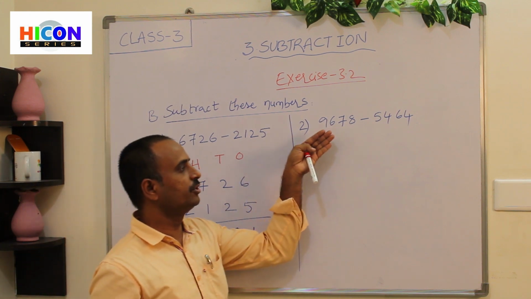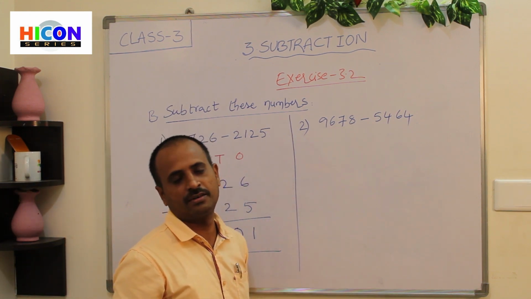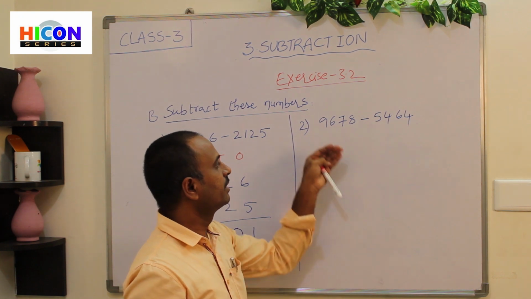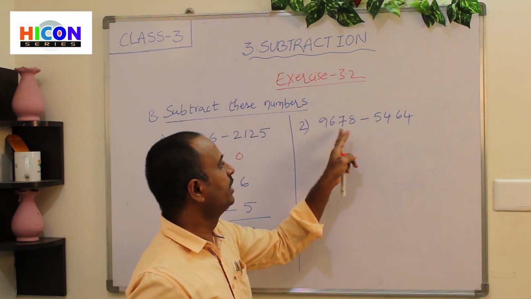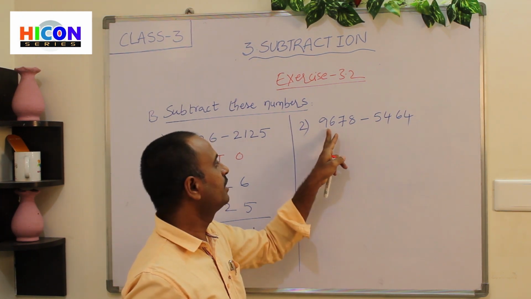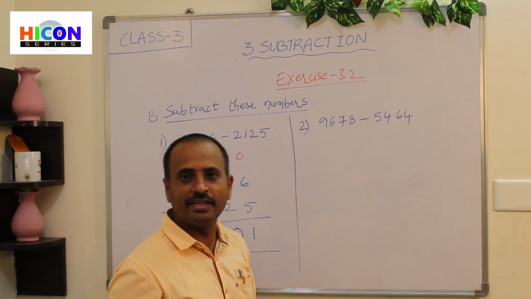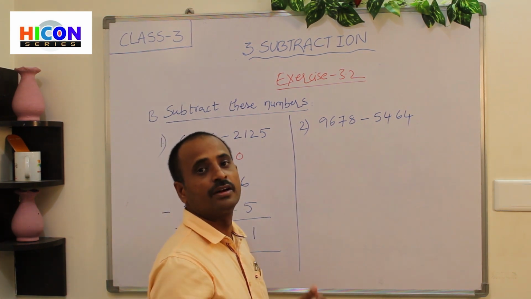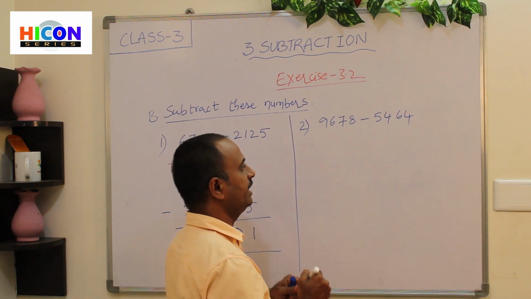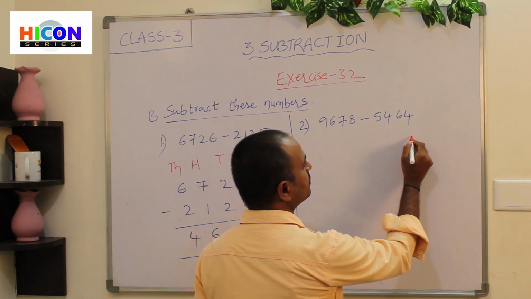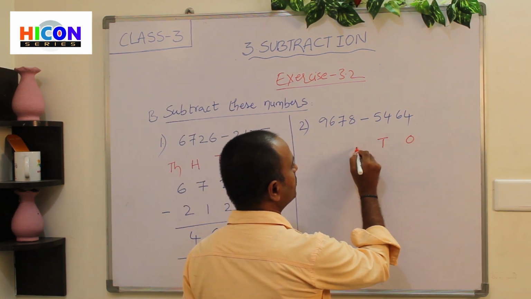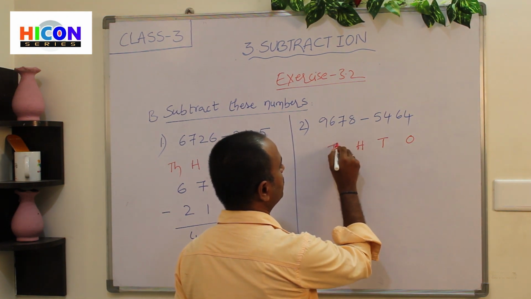So first arrange the 2 numbers one below the other and write the greater number first. So among these, which is the greatest? 9678 is the greatest. So write the greater number first and arrange at the corresponding places. It is ones, tens, hundreds, thousands.